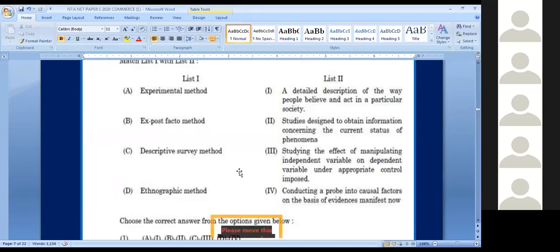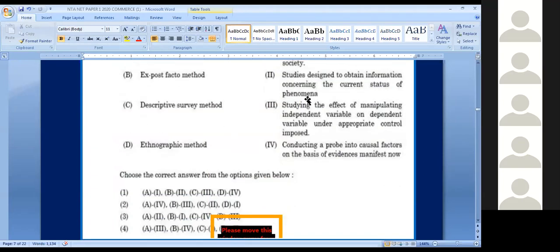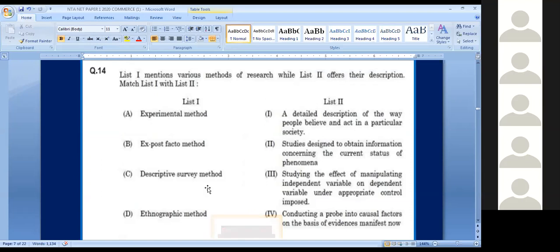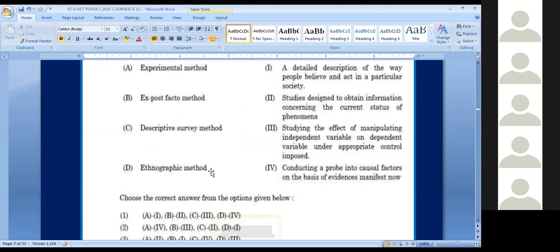So descriptive survey method goes here. For C it is 1. I'm damn sure about this. Then I can directly tick the answer and move on. Don't check the remaining things and waste your time. Or you can check one more.